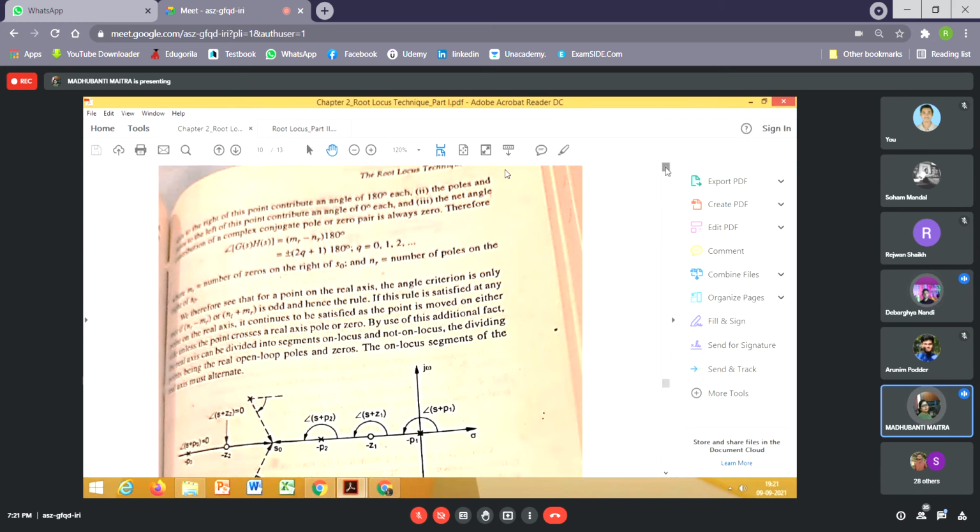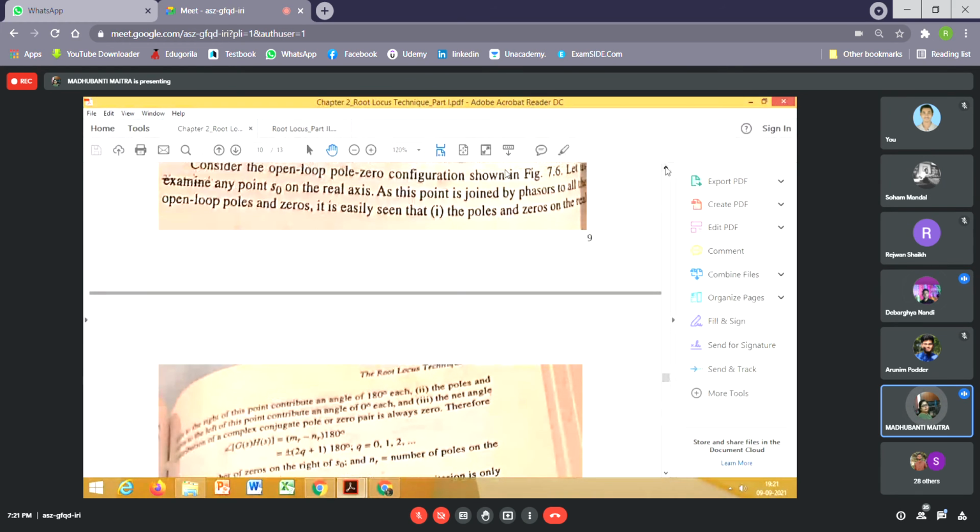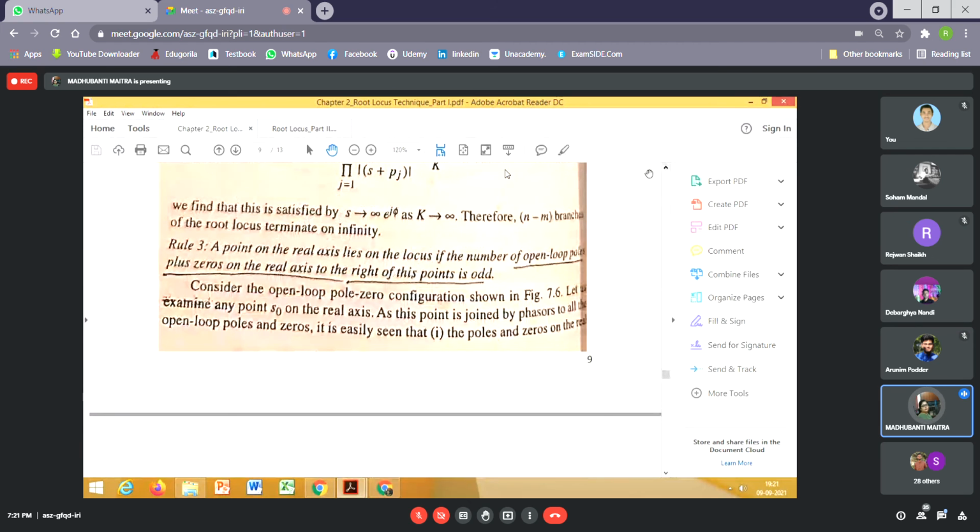So again, let's get back to the rule. Let's see the statement: a point on the real axis lies on the locus if the number of open loop poles plus zeros on the real axis, that means real open loop poles plus real open loop zeros lying to the right of the point, is odd.